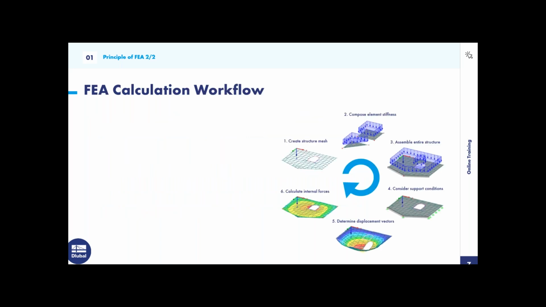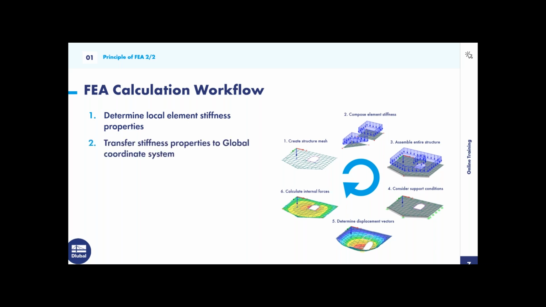And so basically the workflow for an FEA calculation is the following. The first step is the determination of the local element stiffness. Then the second step is that the program changes the stiffness relation at each FE node, and this is according to the global coordinate system. Then the third step is the composition of the entire structure.